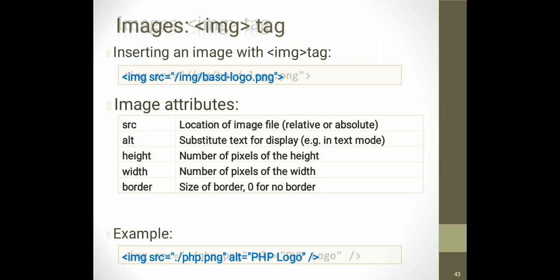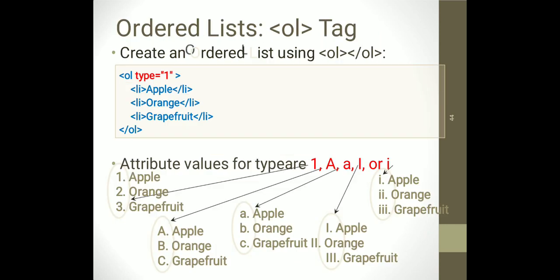So there are so many attributes like height, width, border that can be used comfortably with the img tag. Then comes the ordered list. How to use that ordered list? For that you need to write the OL tag. Okay, and in the OL tag you will define the type. You want to define the list with whether 1 2 3 as numbers, or ABC as alphabets. The alphabets can be uppercase or lowercase.